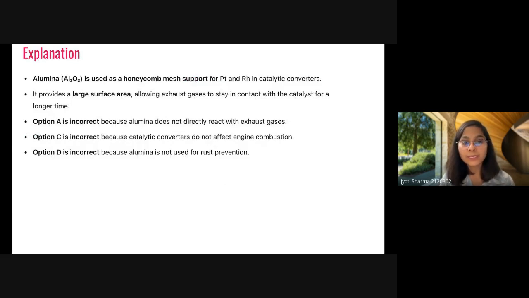It is used as the honeycomb mesh support for platinum and rhodium, and this increases the surface area so that the exhaust gas can stay and come into contact with the catalyst, so that your dangerous gases can be converted into non-dangerous gases.